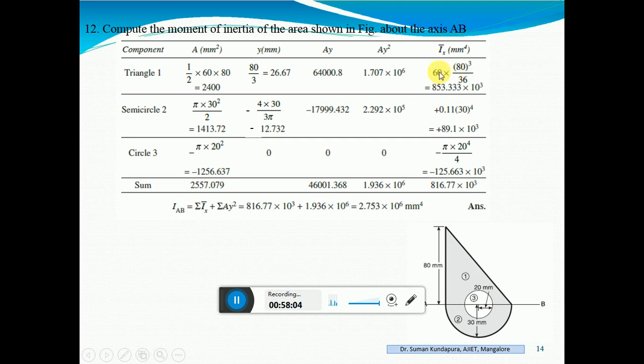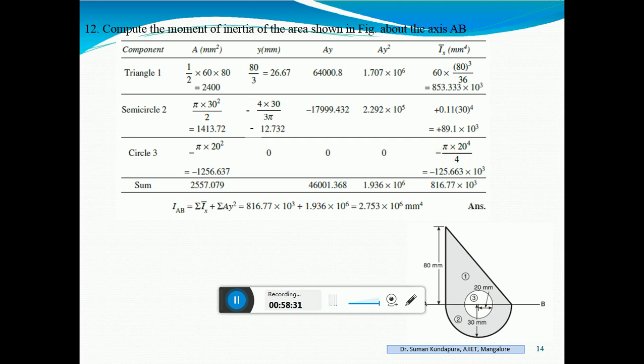Ix bar means bd cube by 36 for the triangle. For the semicircle it is 0.11 r to the power 4, and for the circle it is pi r to the power 4 by 4. Why minus here? Because the area is minus, this is the cutoff portion, so this is also minus here.